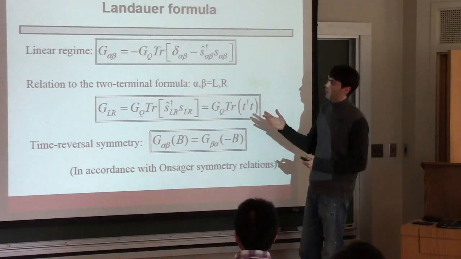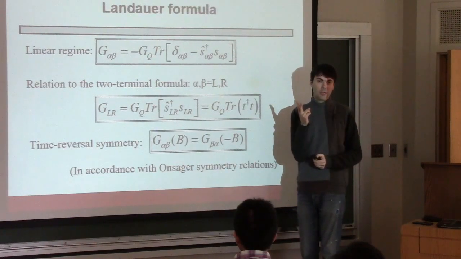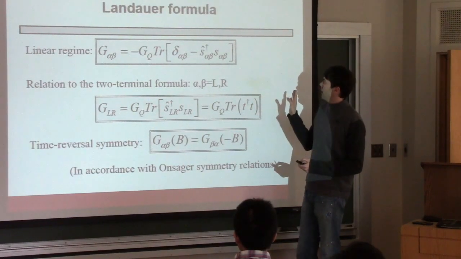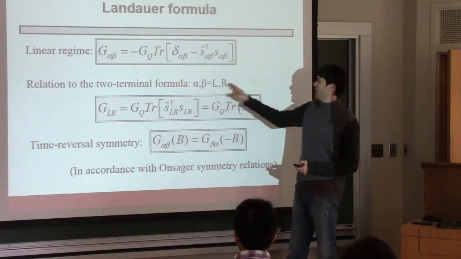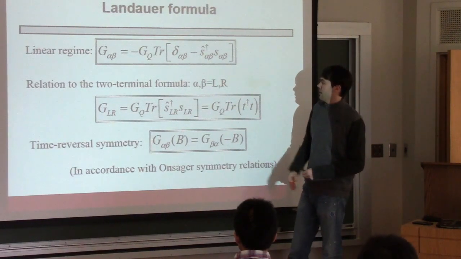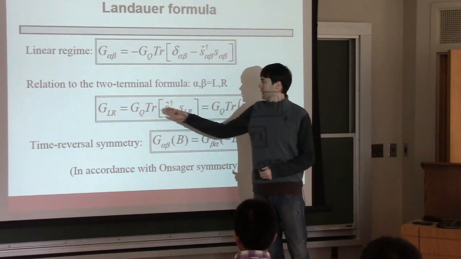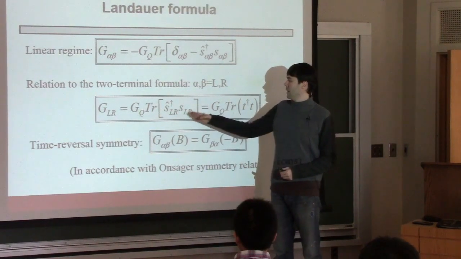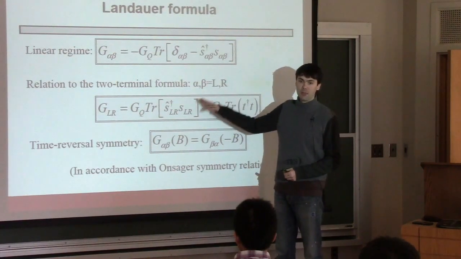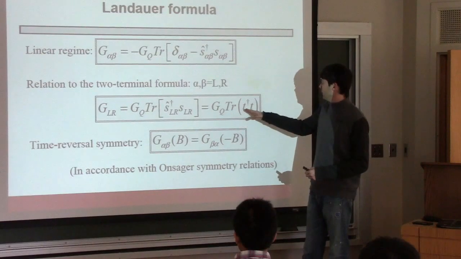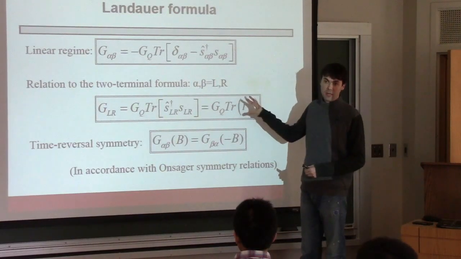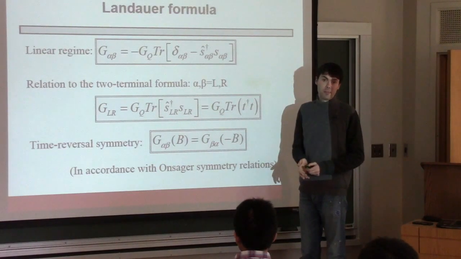In the case of just two leads, left and right, alpha and beta can be L and R. And in that case, the conductance is a trace from left to right, so all the elements going from left to right. So it's a trace over the transmission part of the S matrix.